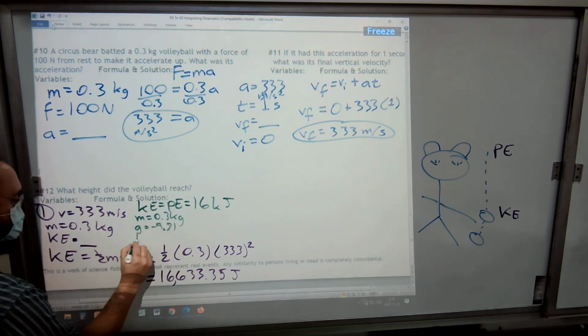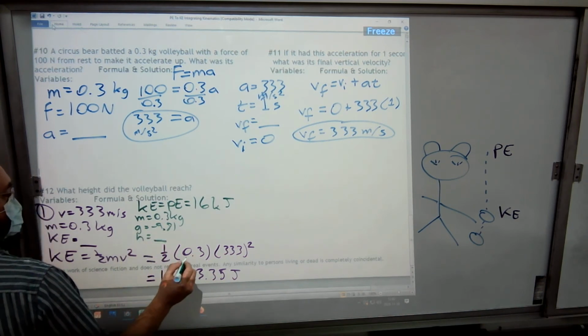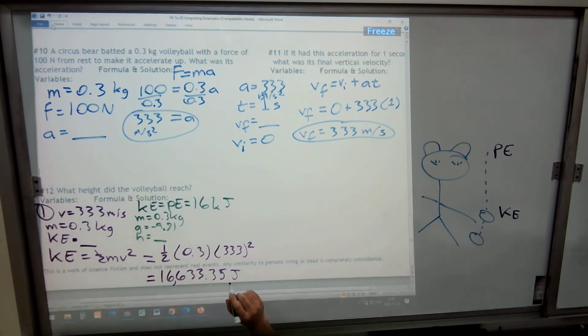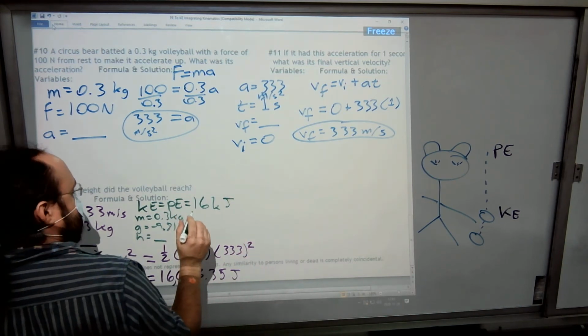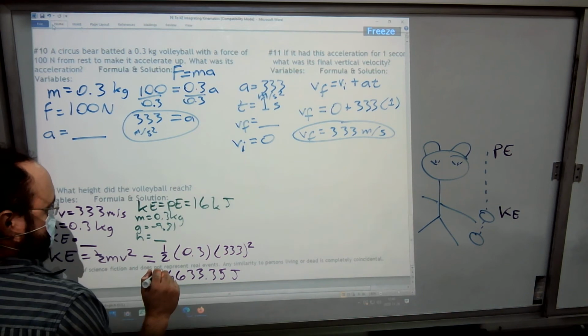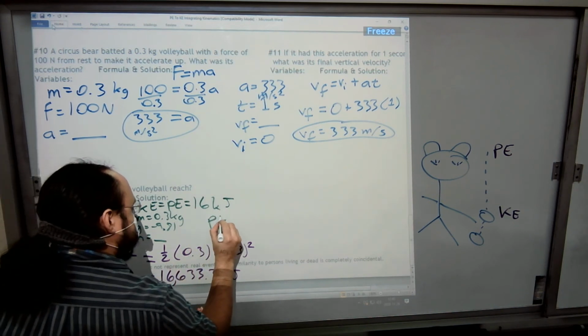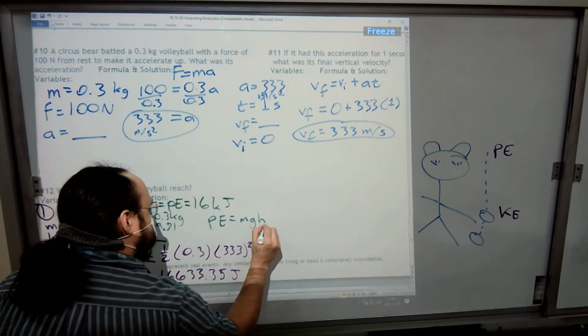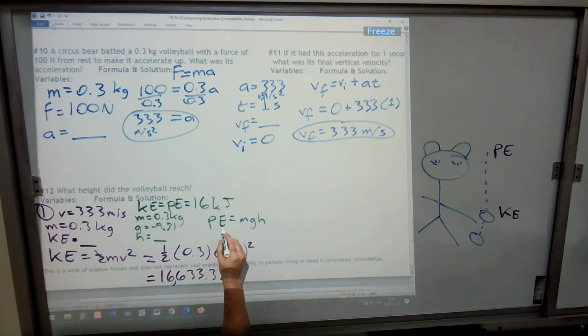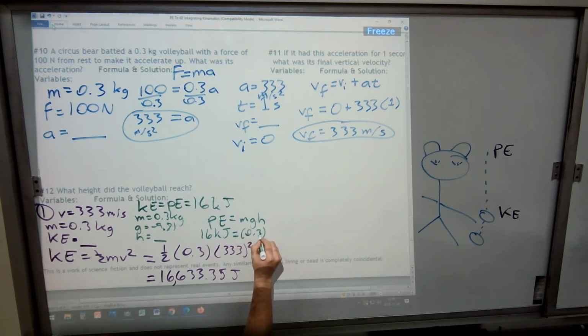And now we can figure out how high it went. We're going to use PE equals mgh. And PE is that 16K number. I'm going to plug that whole thing in. I just don't want to write it. Mass is 0.3. Gravity is negative 9.81. And we're solving for h.